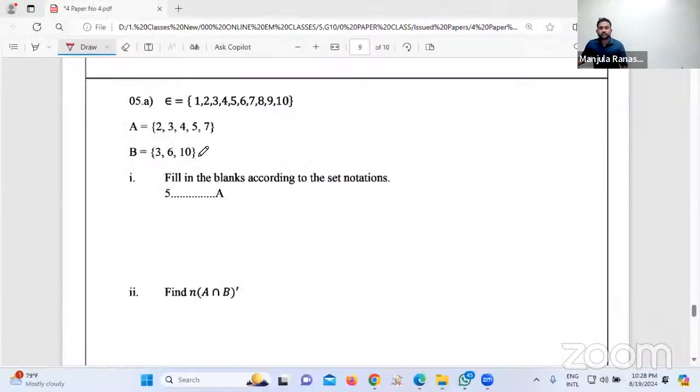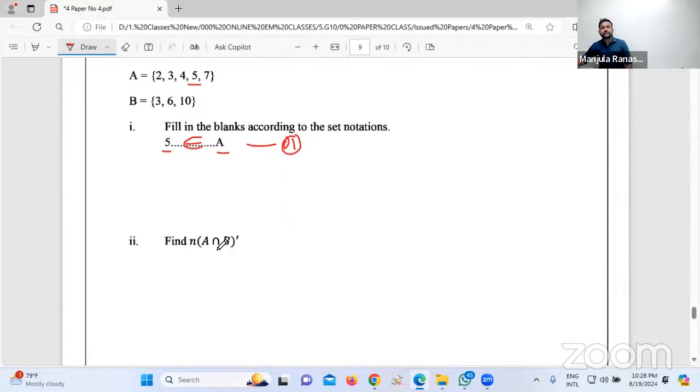Now fill in the blanks according to that. 5 is here, and here A. So 5 is an element. What is the symbol of an element? Just like this, the symbol ∈, put here. So 5 is an element of set A. This is how you read it. 5 is an element of set A. Right, 1 mark given.